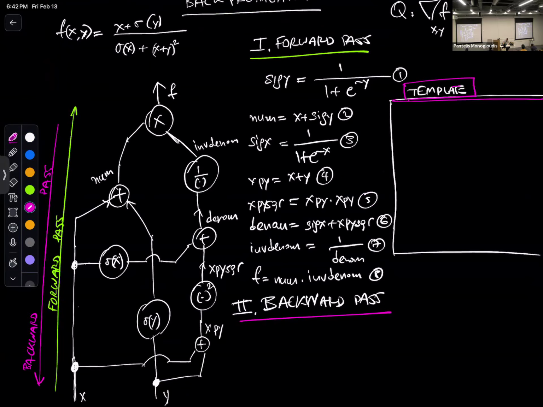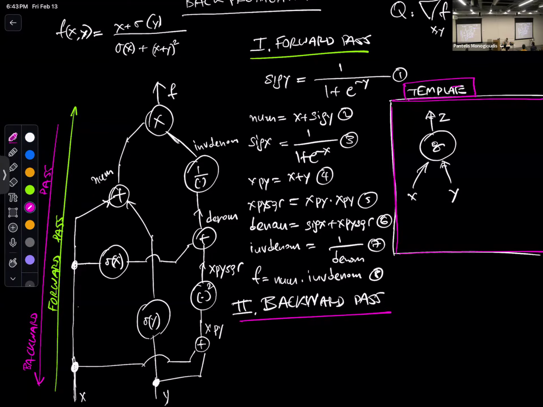The template is here. I'm going to have, in general, a gate G that was in the forward pass processing tensors in general X and Y, to produce tensor Z. Because that was basically what I see every time in the forward pass.